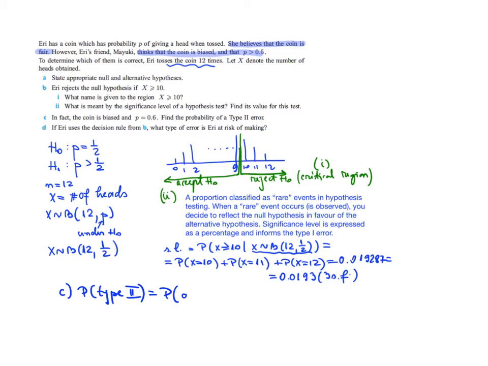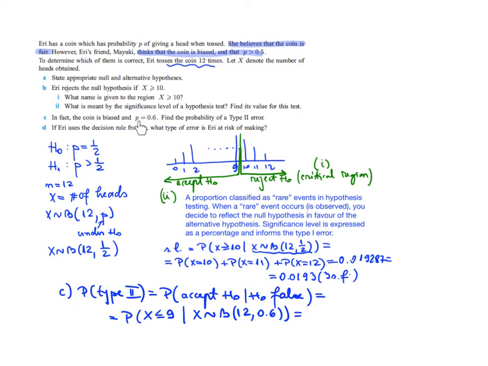It's the probability of accepting H0, and that's my acceptance region, on the condition that H0 is false. So x smaller than or equal to 9, but this time x is, when H0 is false, H1 is true, and I need to be given what is that new probability, 0.6. So it's the probability of x smaller than or equal to 9 on the new distribution, and that's the probability of a type 2 error.